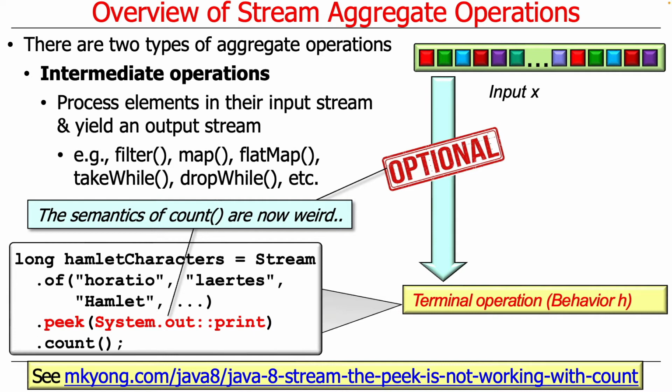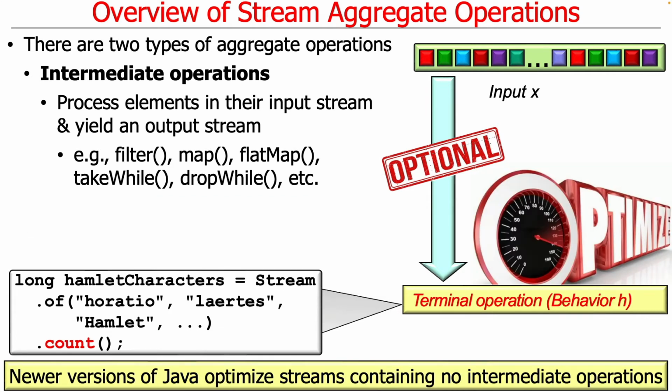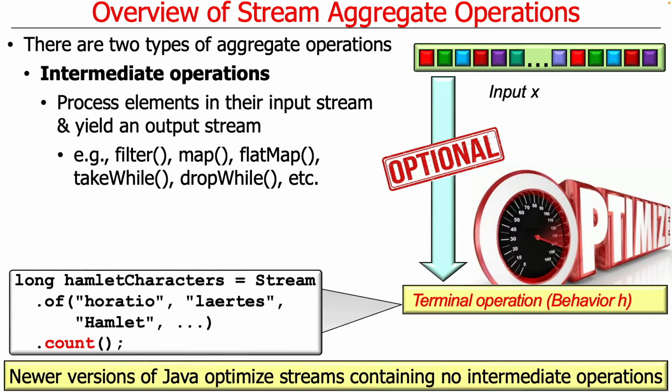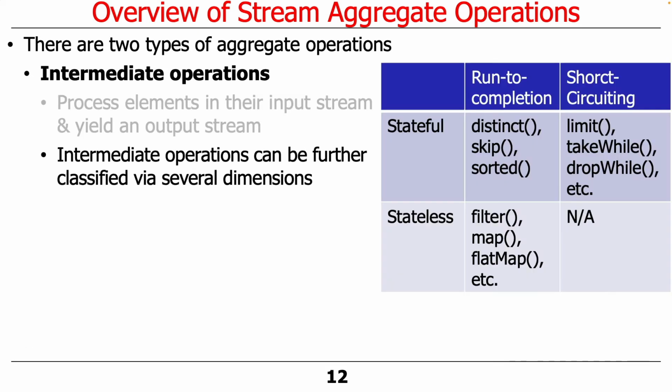I think it was a bug, but they changed the semantics. So newer versions of Java streams will optimize such that no intermediate operations will be called with count if they don't have some kind of actual perceived behavior that does something. And peek is something that's not intended to have a behavior per se. It's intended only to have side effects like debugging stuff and so on. So anyway, very strange. Just mentioning that as a side note. Don't think about it too much because we'll never run across it in what we're doing, but it is important to be aware of this.